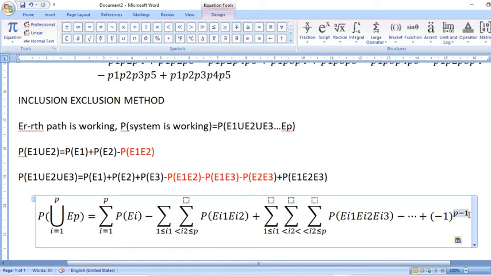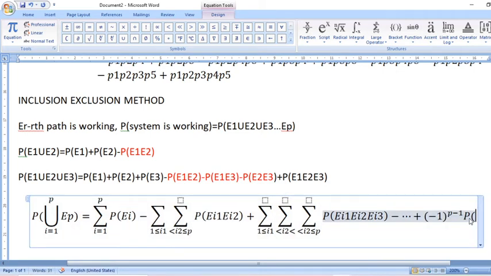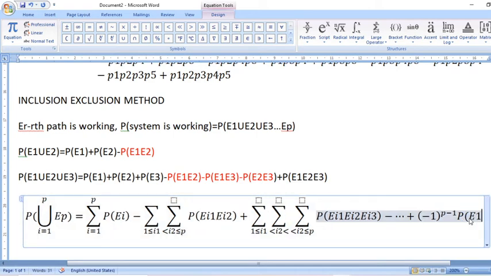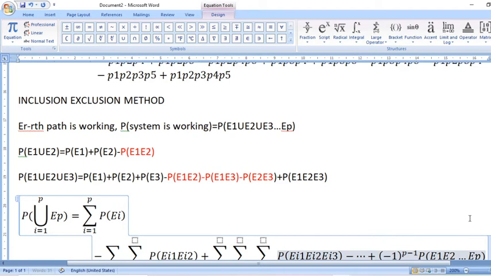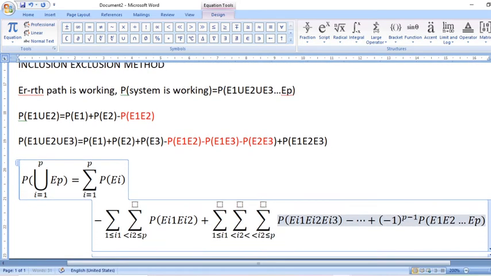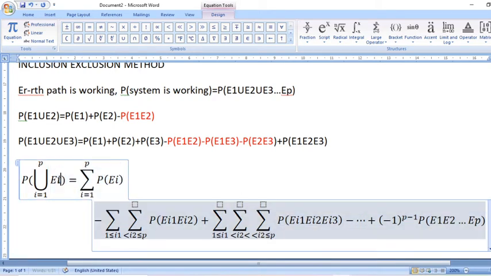P minus 1, then what will be that? P1 intersection, P2 intersection, etc. Okay, so this is the general expression for computing probability of union E I. Okay, so this is a general expression.